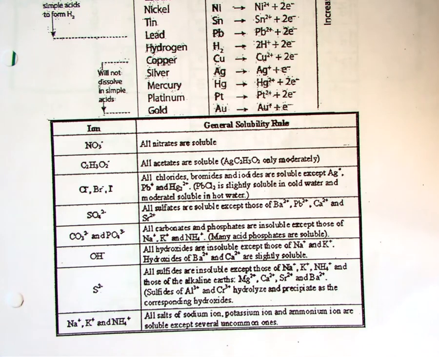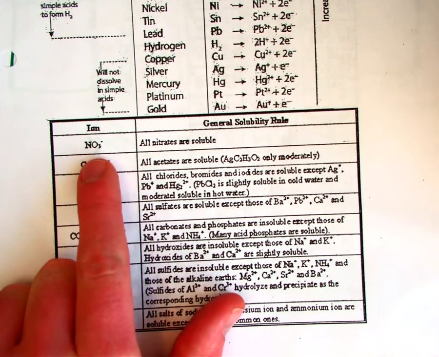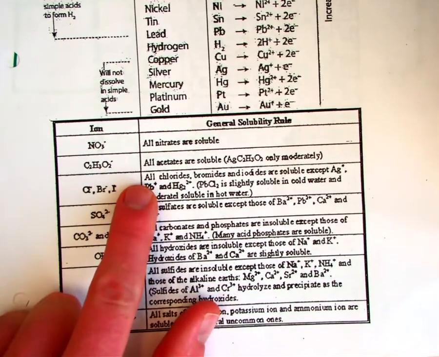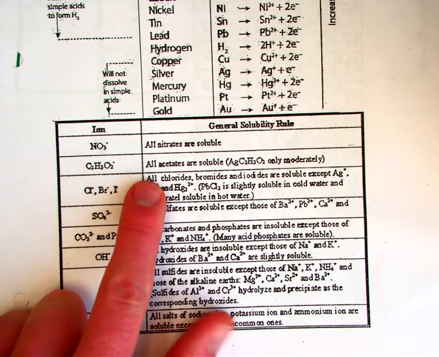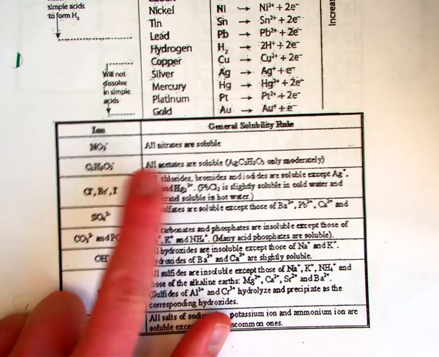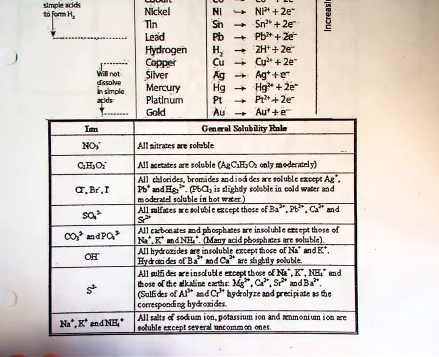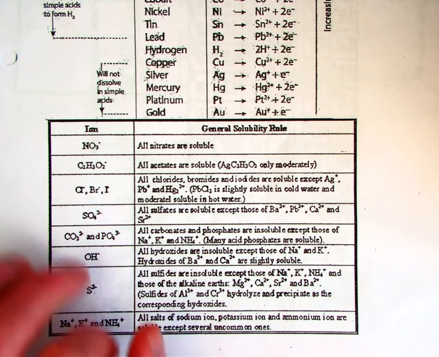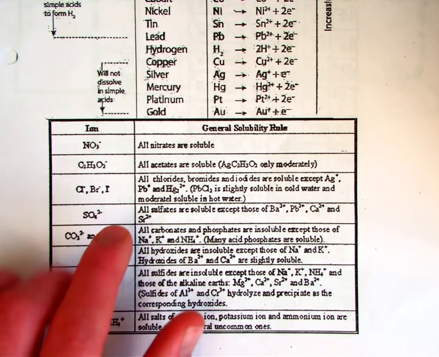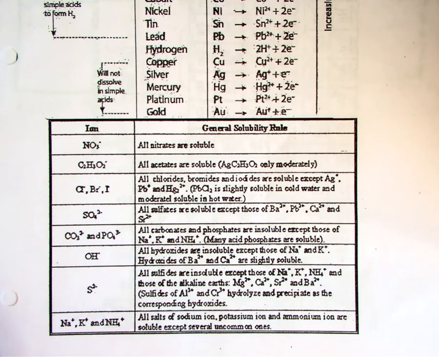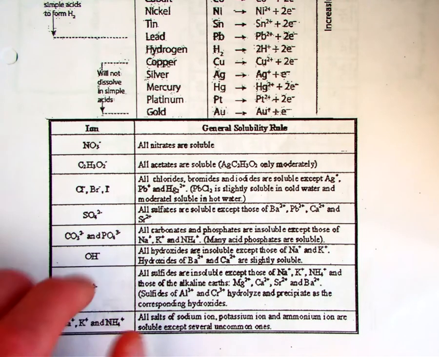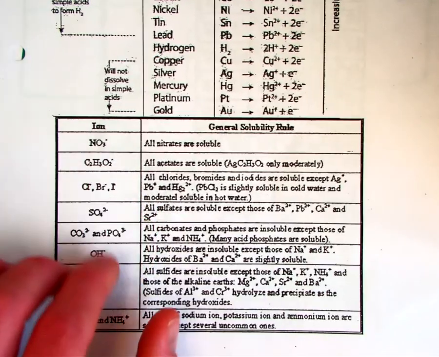So we will learn these at 25 Celsius and 1 atm. That said, all nitrates are soluble. Additionally, all acetates are soluble with water. As we notice, silver acetate is moderately soluble, which means that it will somewhat dissociate, but mostly stay together, remain insoluble.